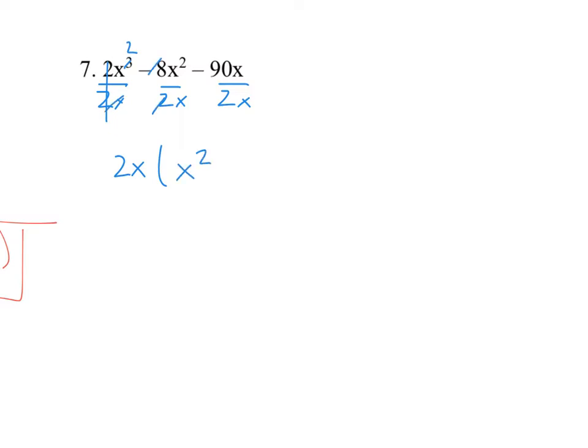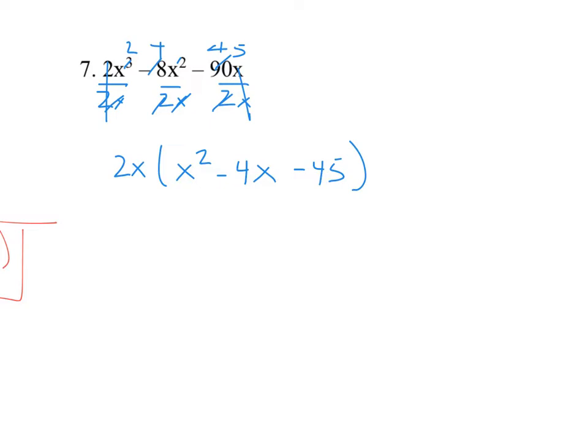This cancels, this becomes a 4, and this cancels, this becomes just an x. So I get minus 4x, and then this cancels with that to get you a 45. I'm sorry, a 45. That was silly. And then the x's will cancel, so I end up getting minus 45. So this is how you pull out the GCF.